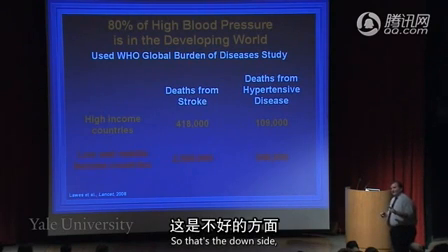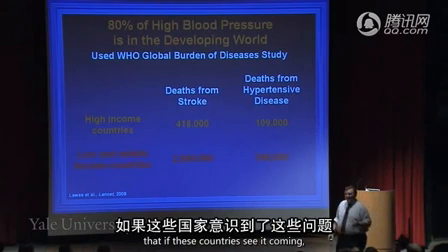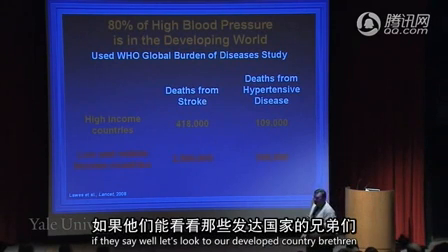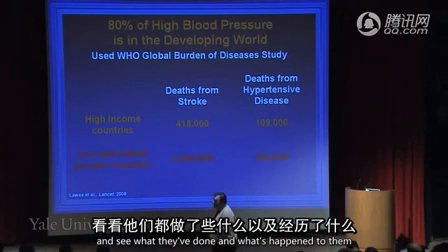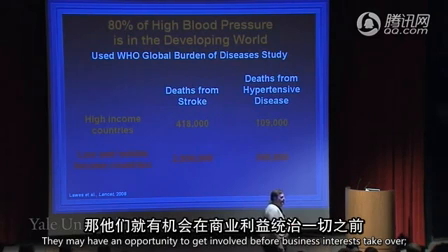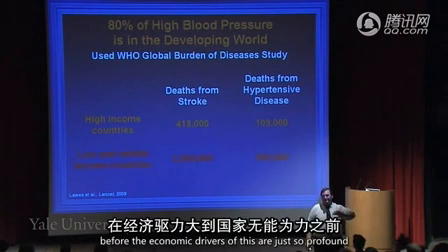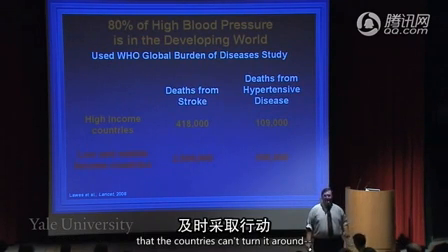So that's the downside. The upside is that there are opportunities, that if these countries see it coming, if they say, well, let's look to our developed country brethren and see what they've done and what's happened to them, and we don't want to get that way, what can we do about it? They may have an opportunity to get involved before business interests take over, before the economic drivers of this are just so profound that the countries can't turn it around.